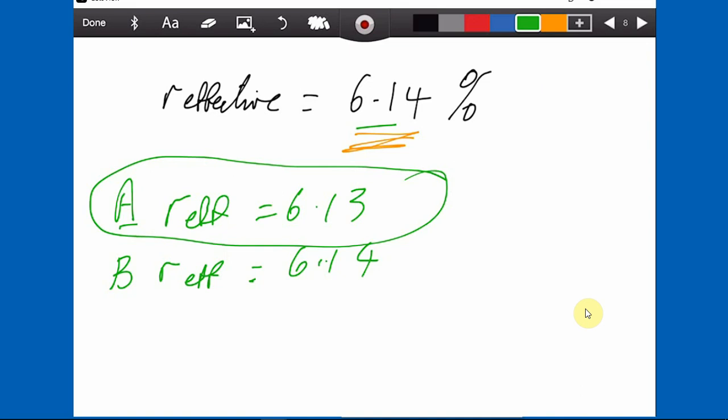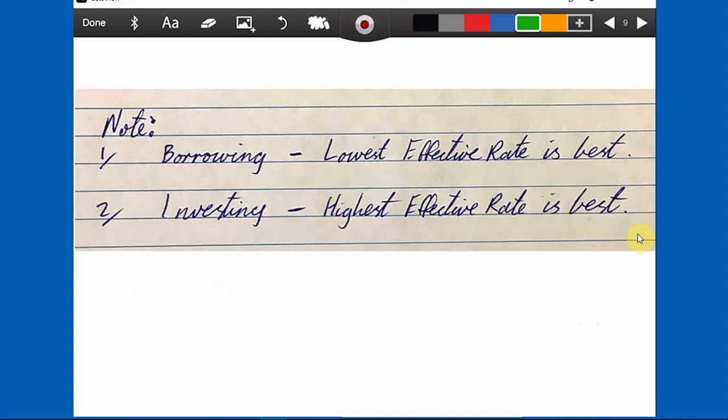All right. So it's important that you go back and have a good look at the question and see what the question is saying, whether it's borrowing or investing. So here's a little note about that. Borrowing, the lowest effective rate is the best, and investing, the highest is the best.